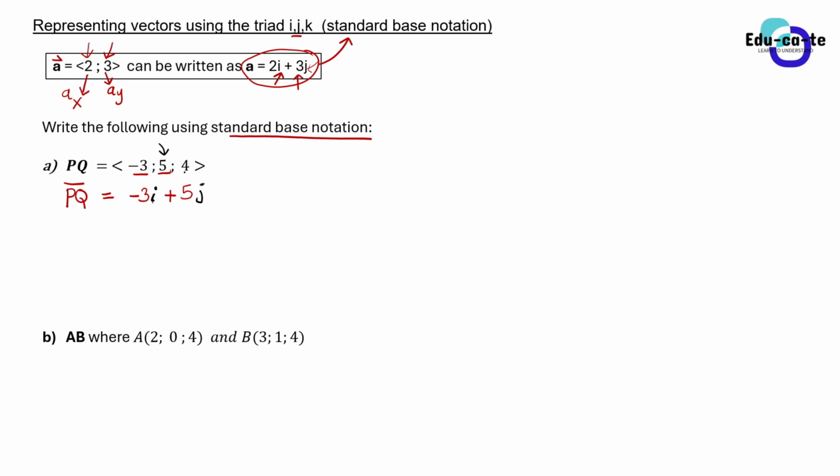And then we have got the z component. The z component is z equals 4, and that is definitely positive 4, so that's going to be plus 4. Remember that for the z-axis we use the unit vector k, so we put k at the end, with a cap on top.